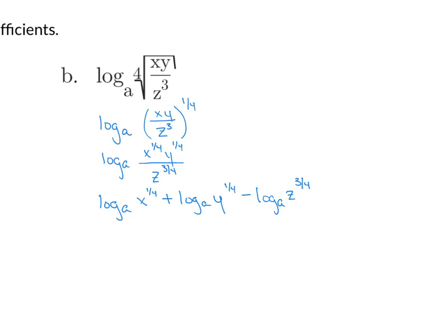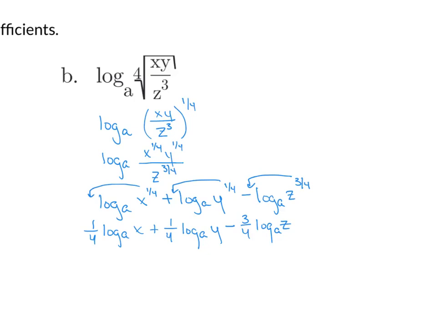And for our final step, we want to move all of our exponents to the front. So we get 1/4 log base a of x plus 1/4 log base a of y minus 3/4 log base a of z.